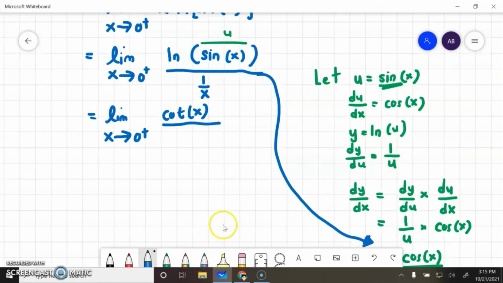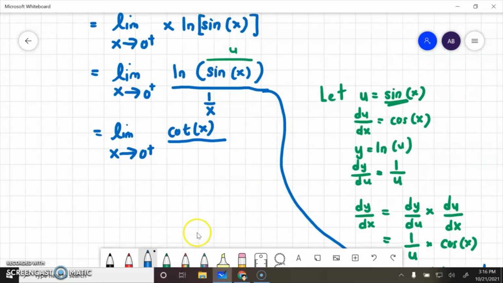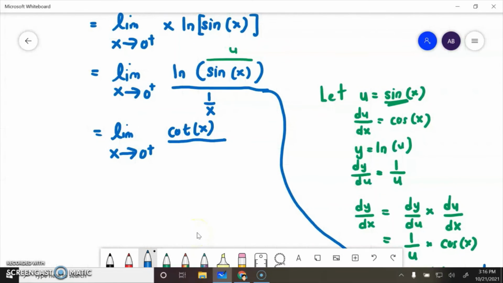So the derivative of ln sine x is cos x over sine x, which is 1 over tangent x, and 1 over tangent is cotangent. Divided by the derivative of 1 over x, which is negative 1 over x squared. So I'm applying L'Hopital's Rule here.